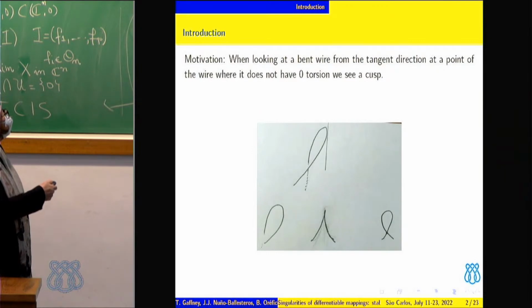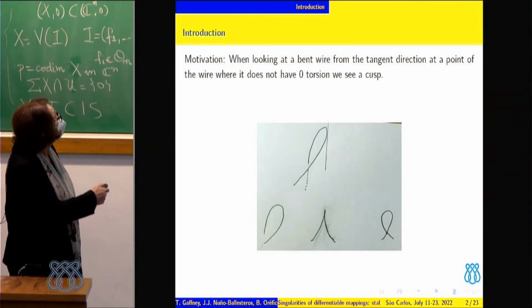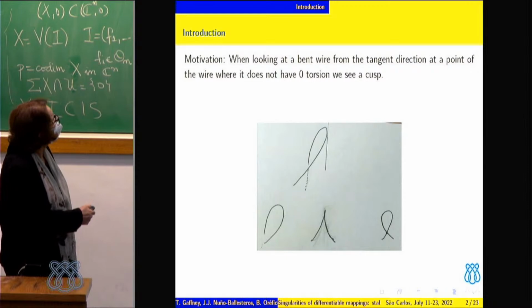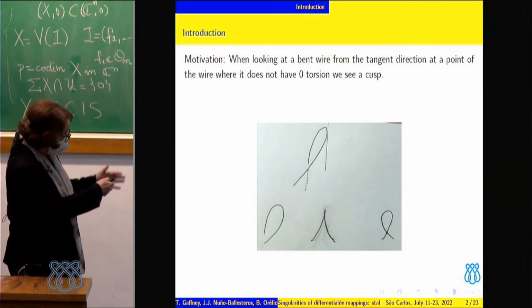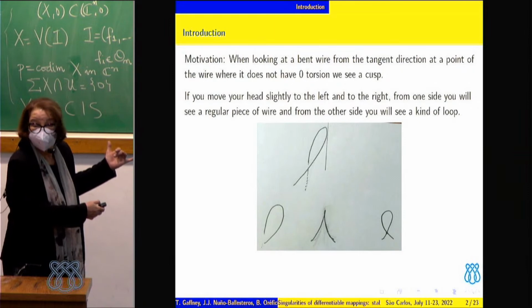Okay. So if I look at this wire bent in the space, and if I look in this tangent direction at this point here, the view is this curve with this cusp singularity. But if I turn the head to the right or to the left, then the views change, right?